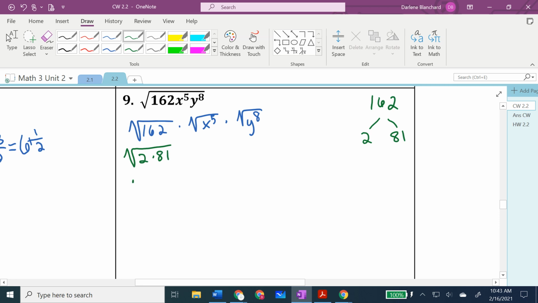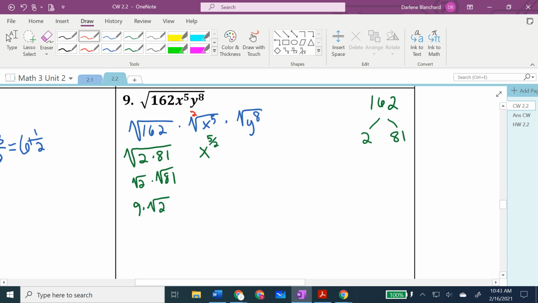So the number under the square root turns into the square root of 2 times the square root of 81, which is then 9. And we usually write the number that comes out of the square root in front, but know that it's not the index, it's multiplying. For the square root of x to the 5th, if you write it as the fractional exponent, the index is understood to be 2.